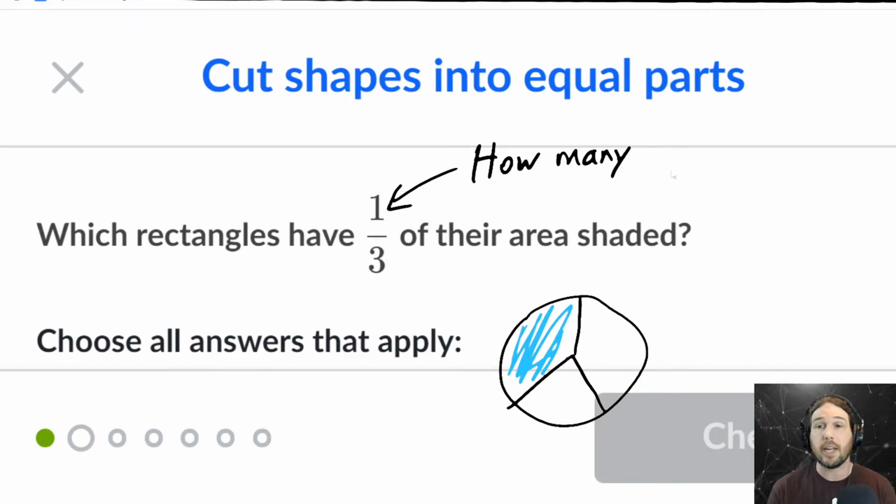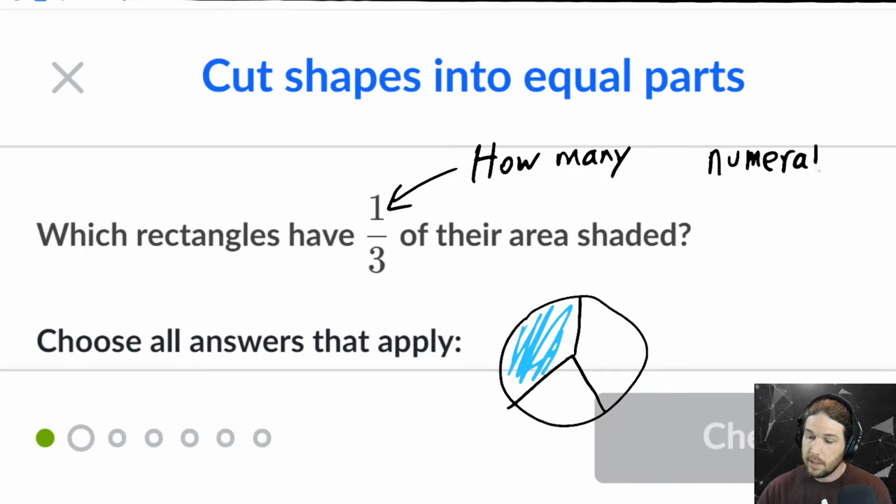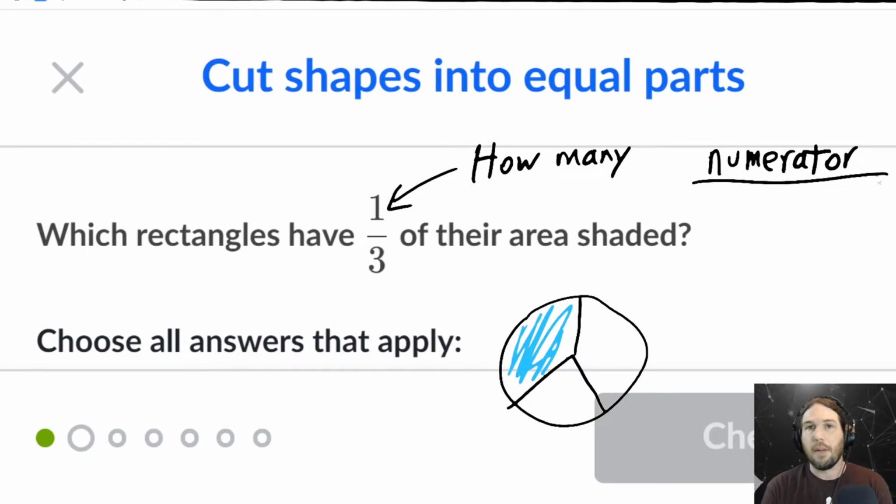That's why it's called a numerator. It literally means a thing that counts. In this case, it's only counting to 1. There's only 1/3. But it would be the same numerator if it was 1/6 or 1/10 or 1/20.